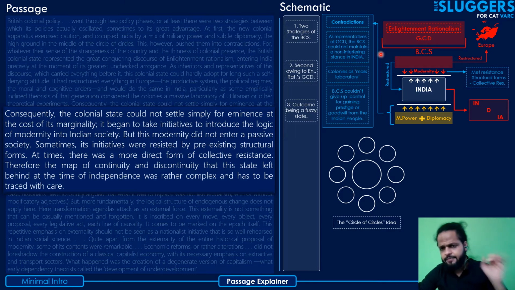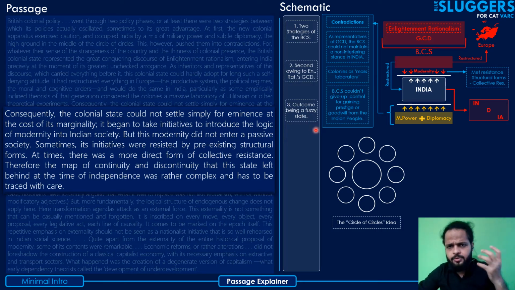So in the first paragraph, let's very quickly note what the author has done. He first talks about the two strategies of the British colonial state, their policies. He talks about how there was a contradiction with respect to the first strategy, owing to the second strategy, owing to the grand colonial discourse of which the British colonial state were representatives.